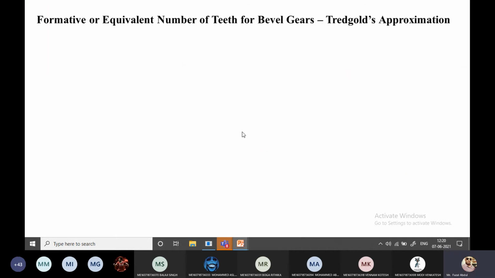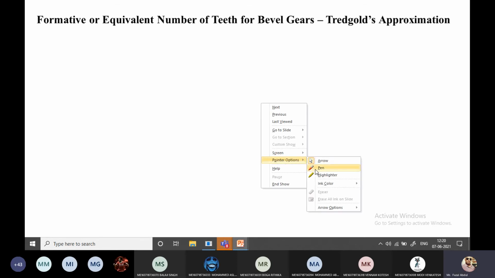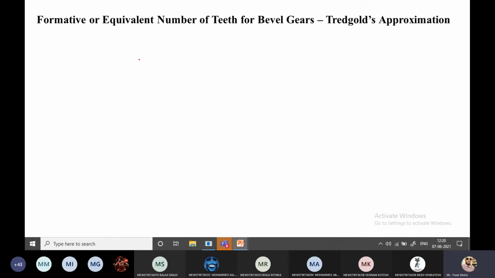And the formative or equivalent number of teeth for bevel gear. This is given the name Tredgold's approximation. So TE equals the actual number of teeth by cos theta p, where theta p is the pitch angle. This equation we can also write as T into secant theta p. From this TE we can find Levy's form factor.